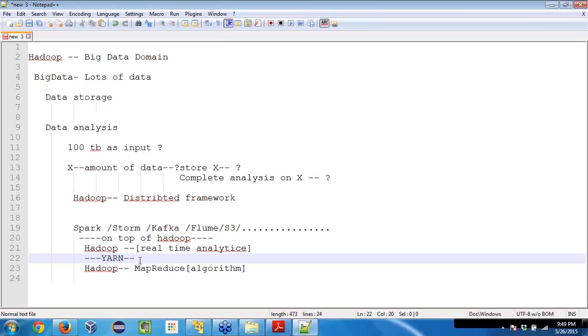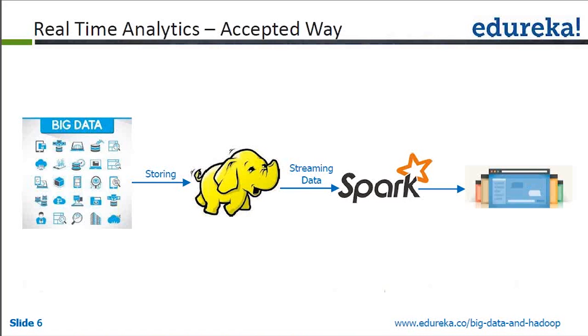Yarn's primary responsibility is to take care of running all these different technologies. That makes Hadoop a standard framework to use. So that's one advantage of using Hadoop. Going back to the slide again.